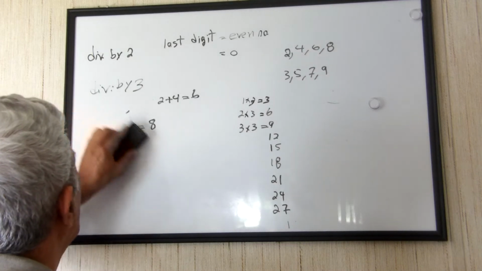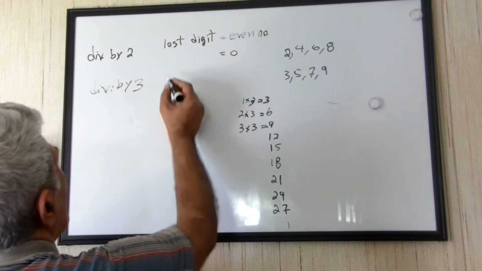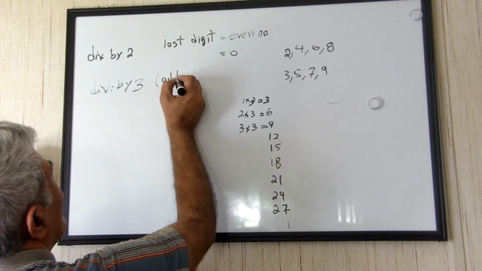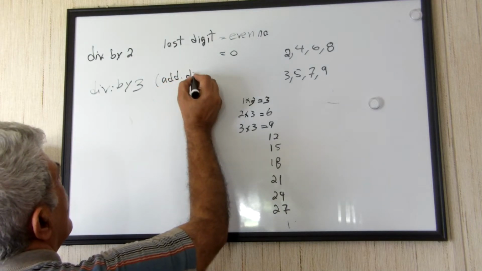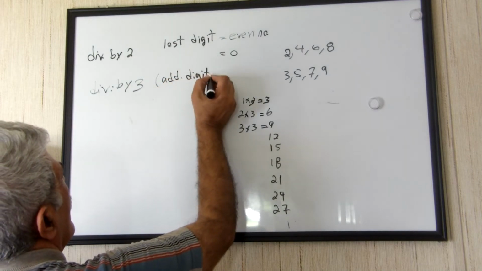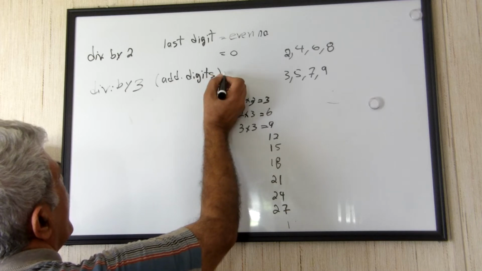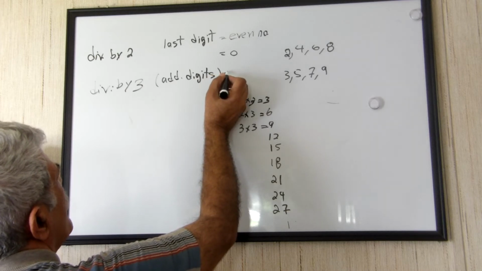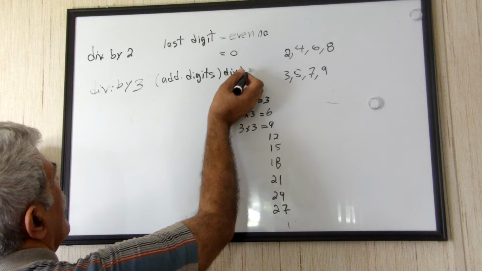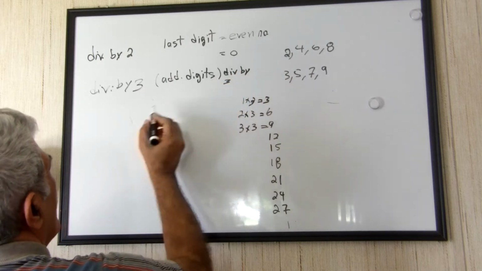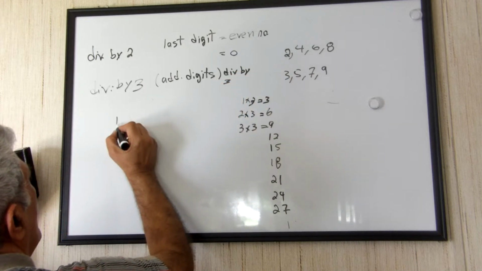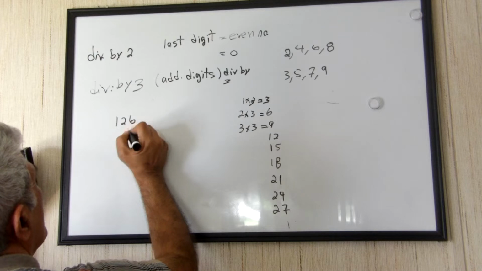So you add the digits to see if they are divisible by 3. Like I said, another example, 1, 2, 6.